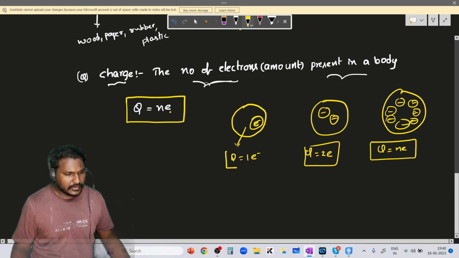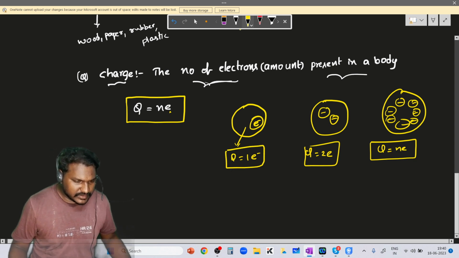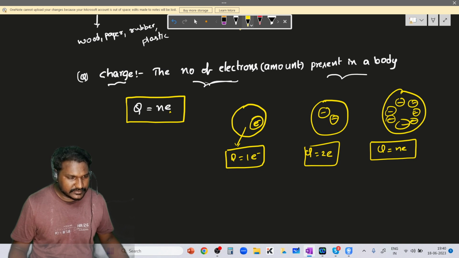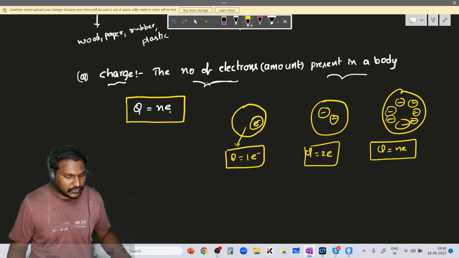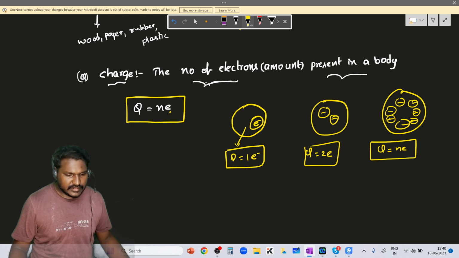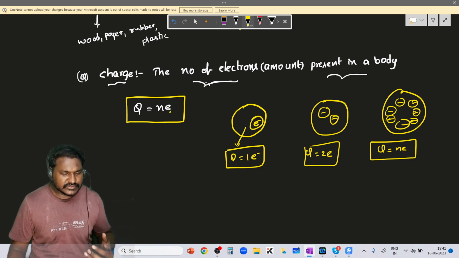Now here comes the important thing. How will you measure the electron? For example, if we have 1 liter of water, it can be written as 1 by 1000 meter cube.